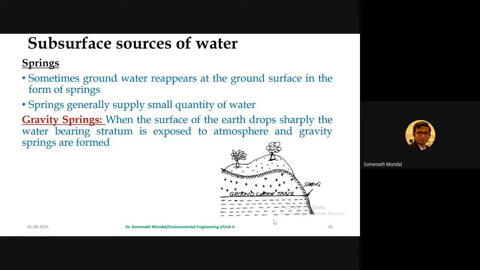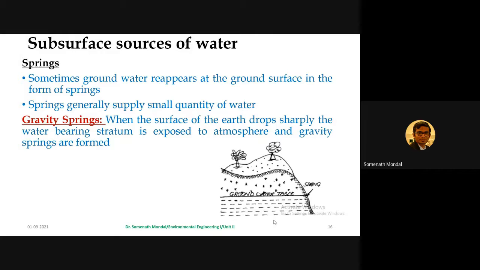Now, what are the different types of springs? The first one is gravity springs. What happens in the case of gravity springs? When the surface of the earth drops sharply, the water-bearing stratum gets exposed to the atmosphere, and gravity springs are formed, as shown in this figure in the bottom right-hand corner.